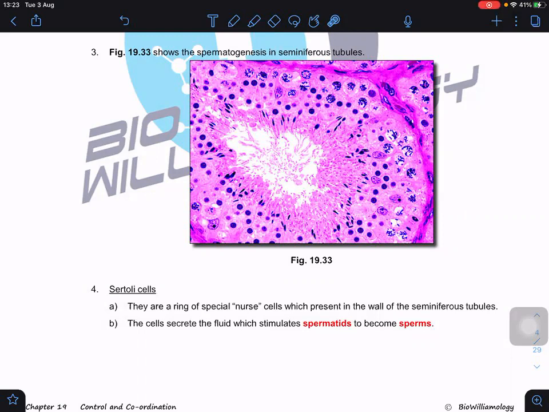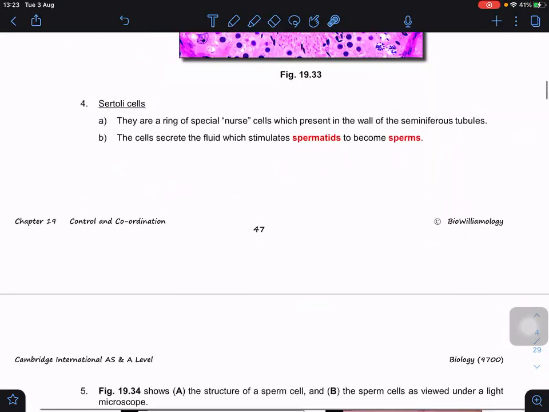Okay, so how to differentiate? Questions sometimes will ask you how to differentiate the spermatogonia. So how to know? Look for those that attach to the basement membrane. Those are the spermatogonia. Okay, so what are the Sertoli cells?